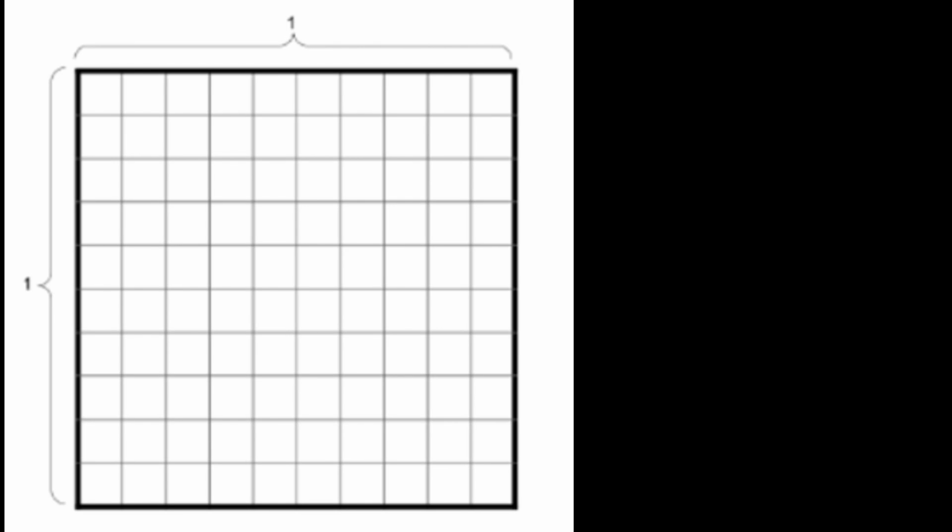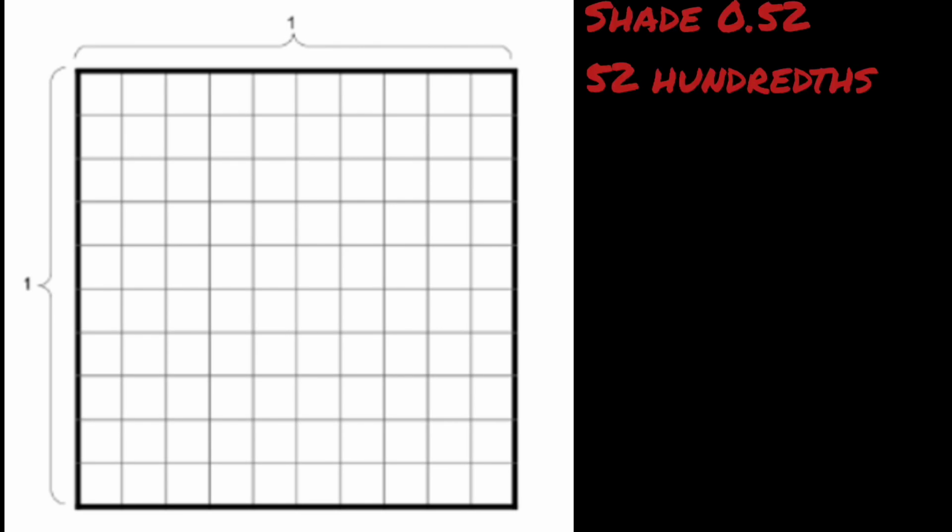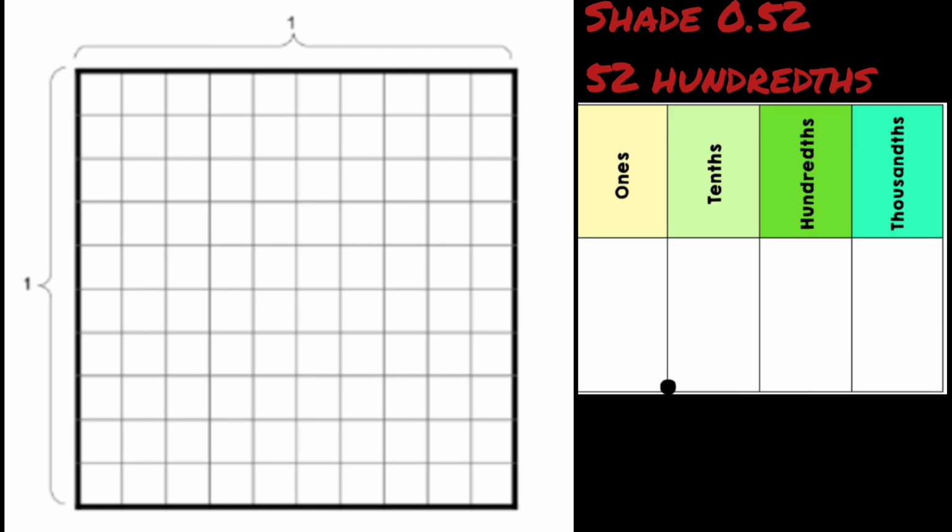All right, y'all, next problem. This time we are going to shade in 52 hundredths in the diagram, okay? So this time we're going to do it like we did last time. Let's break it down by placement value. Now you're going to have a 5 in the tenths place and a 2 in the hundredths place.